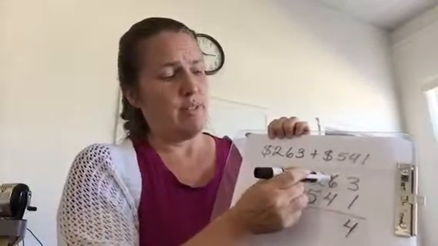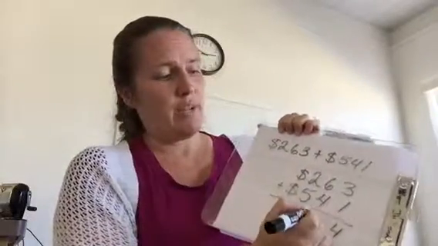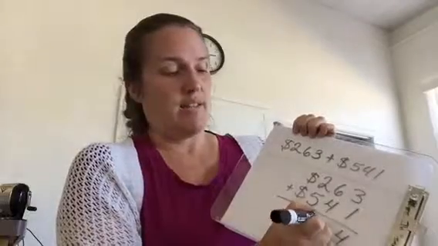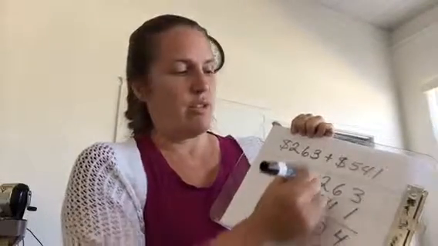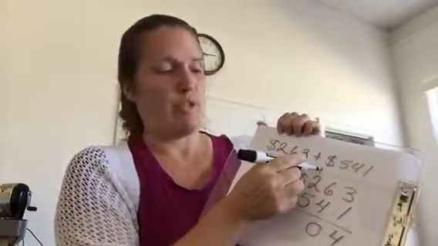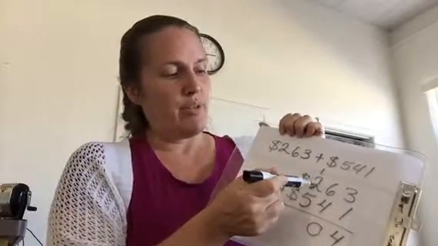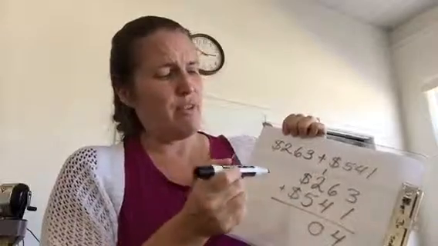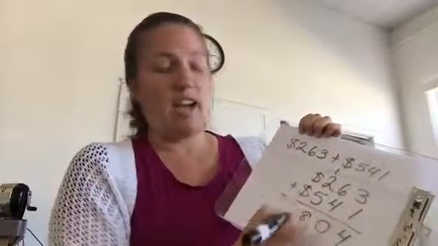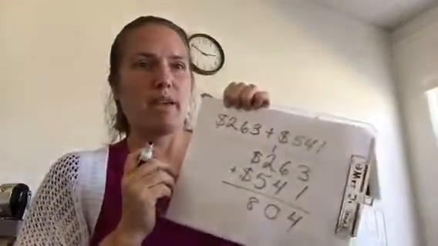Here's my $10 bills. 6 $10 bills plus 4 $10 bills makes 10. So I'm going to exchange that for a $100 bill. There's my $100 bill. Then $100 bill plus $200 bills plus $500 bills makes $800 bills.